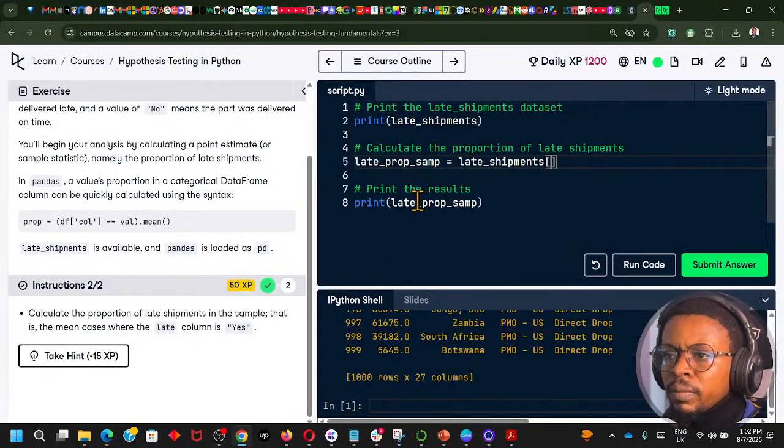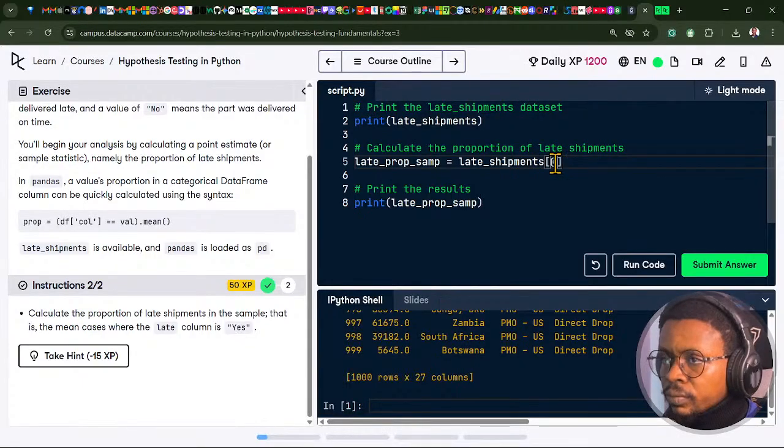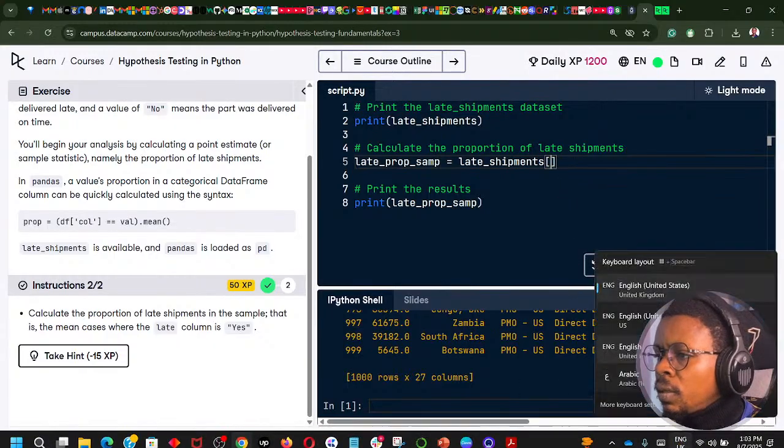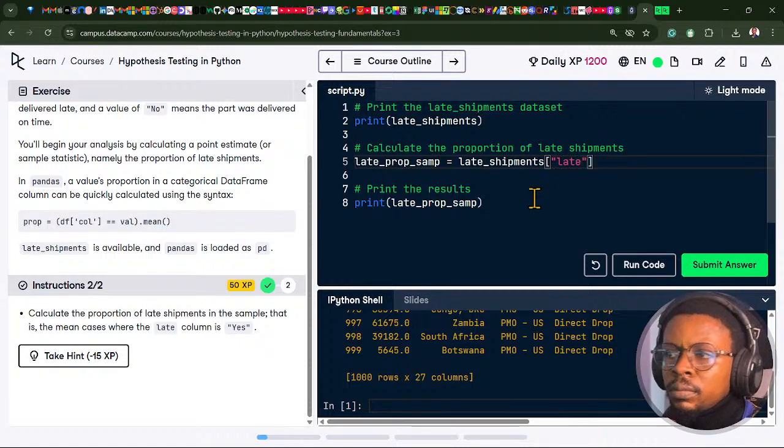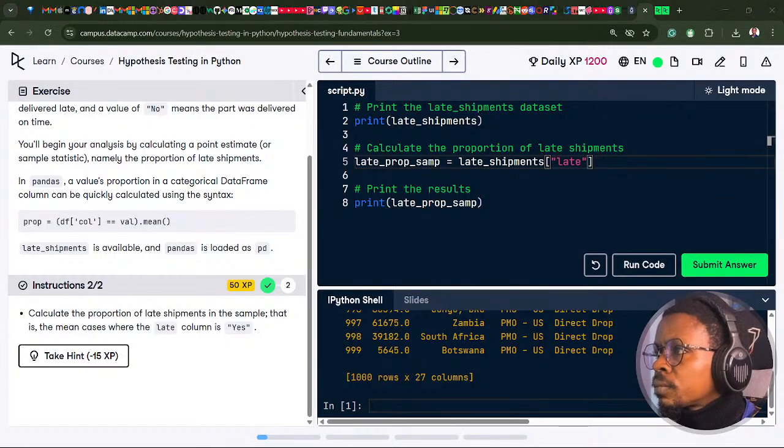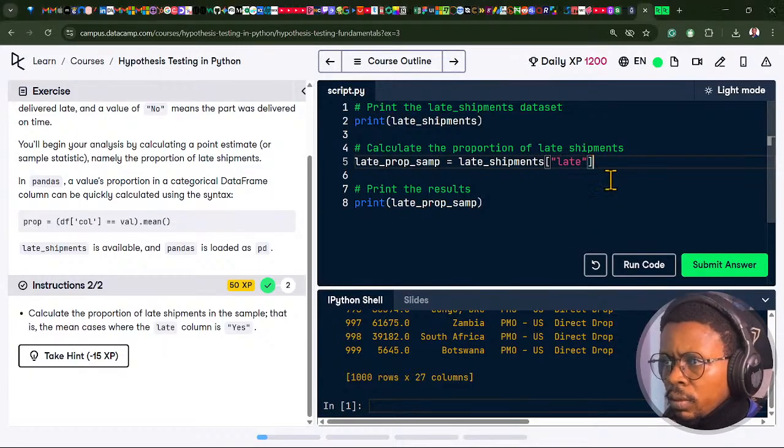Where the late column is either yes or no. Then dot mean.